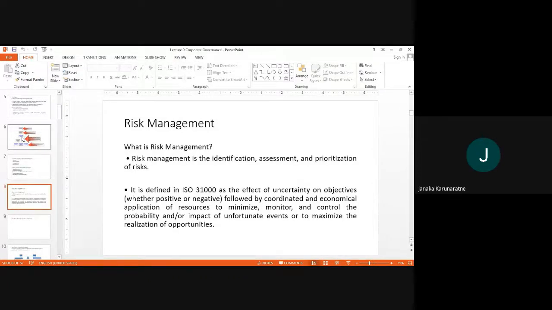So it should be either to mitigate any risk or to use the risk to maximize the opportunities. As you identify the risk, you can maximize the opportunities as well.